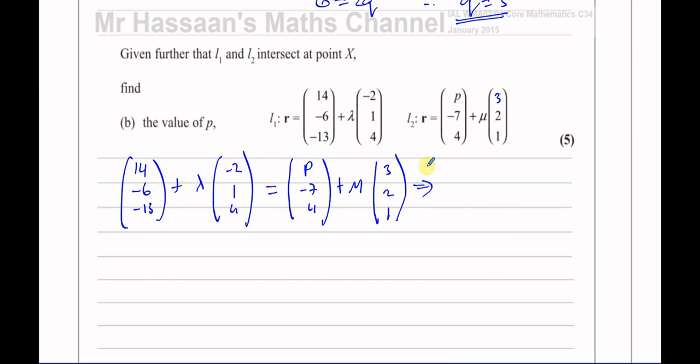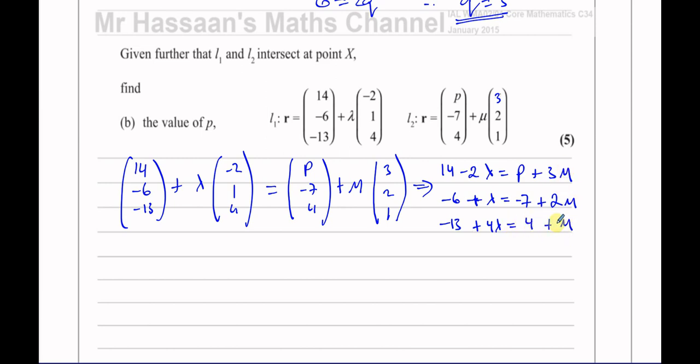We have 14 minus 2 lambda is equal to p plus 3 mu. And then we have negative 6 plus lambda is equal to minus 7 plus 2 mu. Then we have negative 13 plus 4 lambda is equal to 4 plus mu.